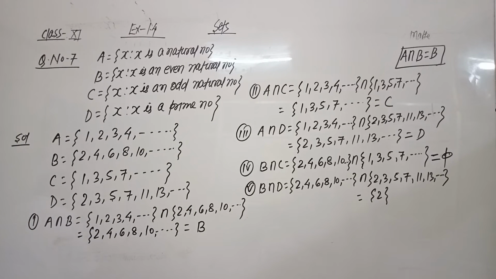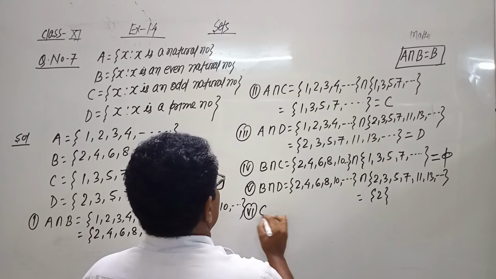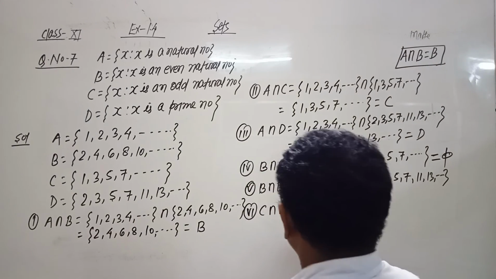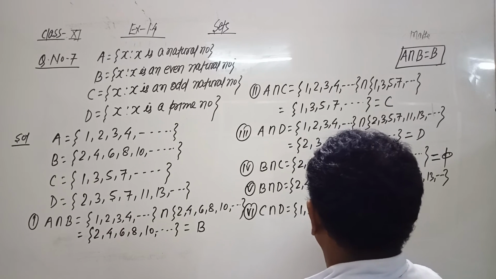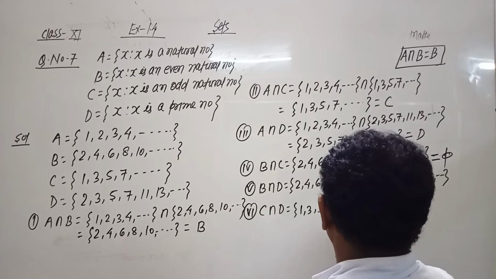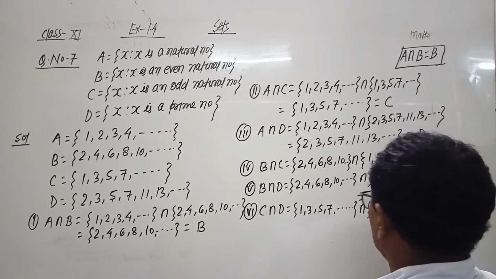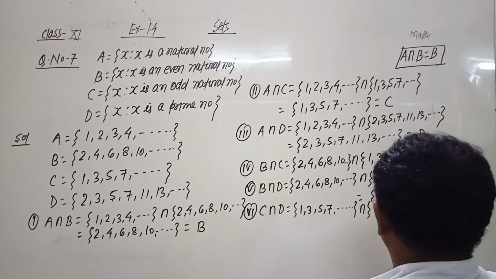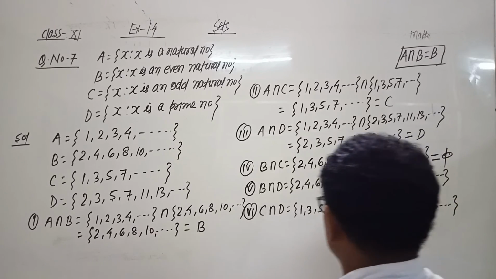Then part 6. We have to calculate C intersection D. The value of C is 1, 3, 5, 7 and so on. Intersection. The value of D is 2, 3, 5, 7, 11, 13 and so on.